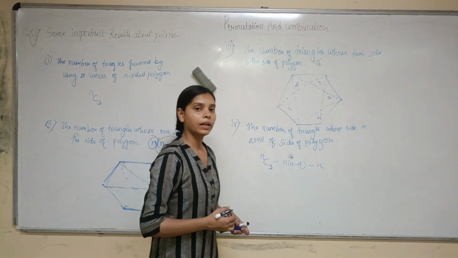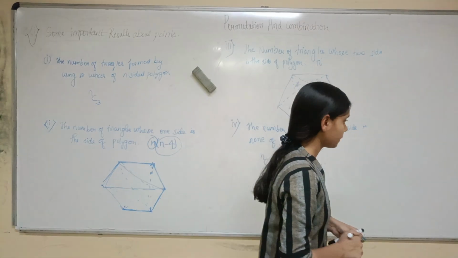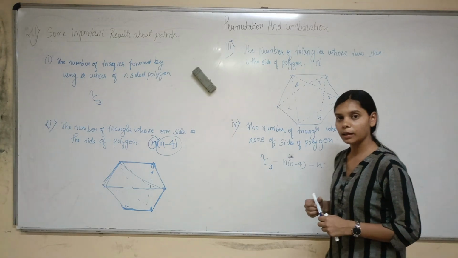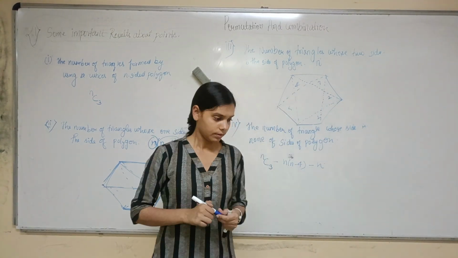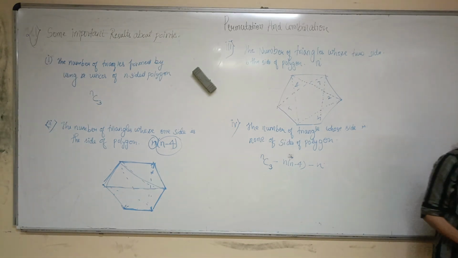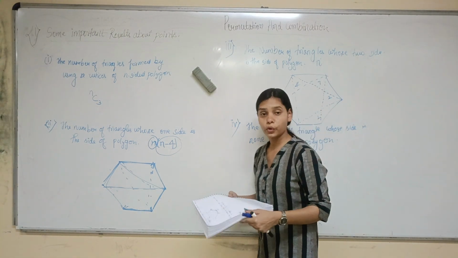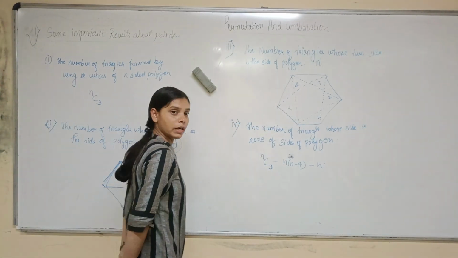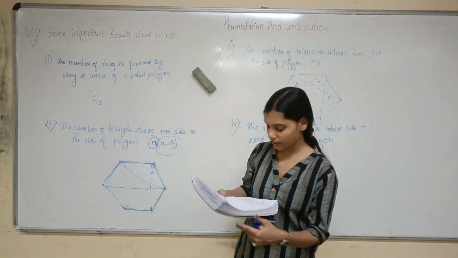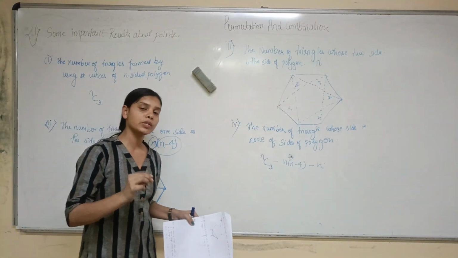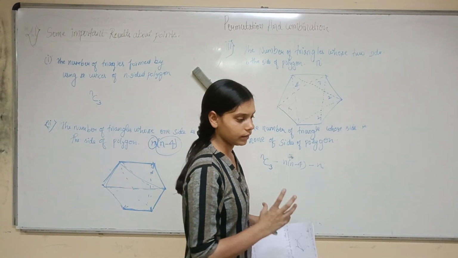Okay, now write down one question. The number of triangles whose vertices are at the vertices of a regular octagon.